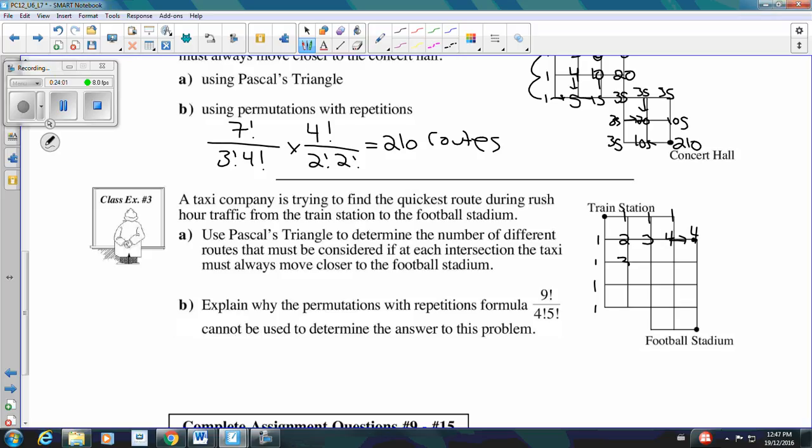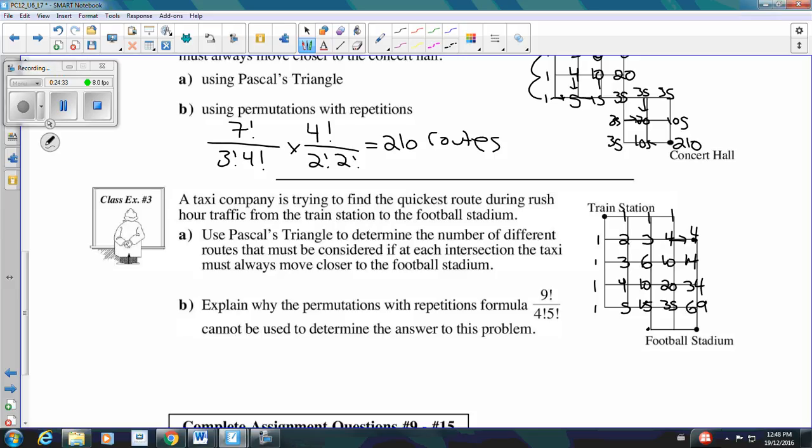1 plus 2 is 3, 3 and 3 is 6, 6 and 4 is 10, 10 and 4 is 14. Next row, 1 and 3 is 4, 4 and 6 is 10, 10 and 10 is 20, 20 and 14 is 34, 1 and 4 is 5, 10 and 5 is 15, 20 and 15 is 35, 35 and 34 is 69.